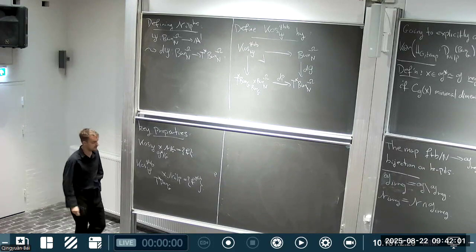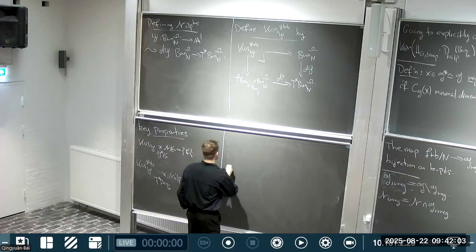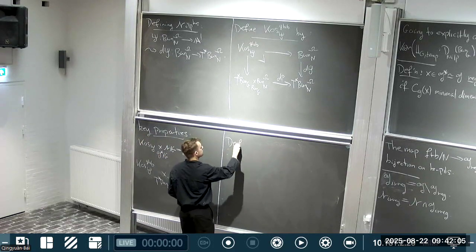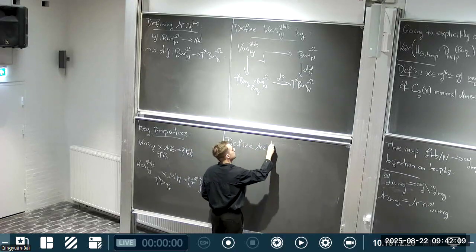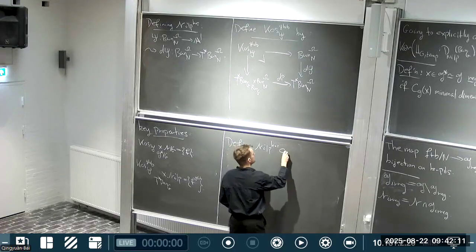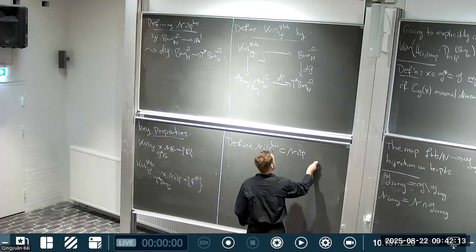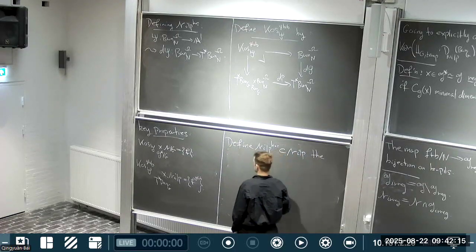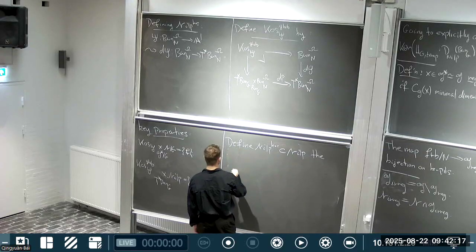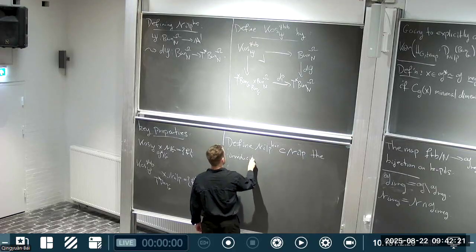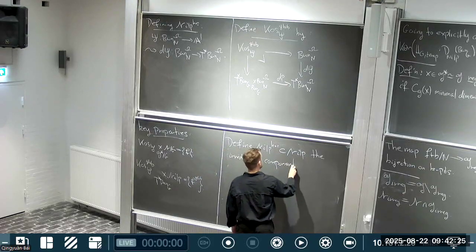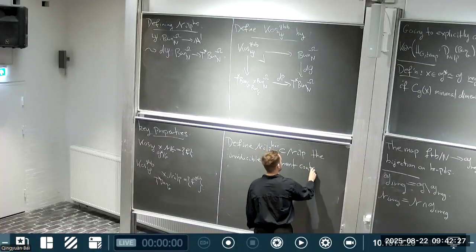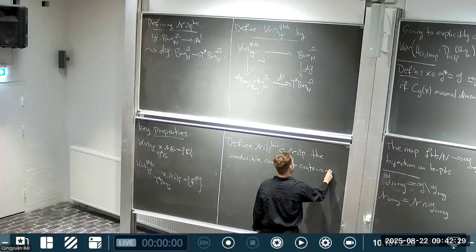Okay. And so now let's define little cos to be the irreducible component of the nilpotent cone, a smooth point of the nilpotent cone, containing this single point.